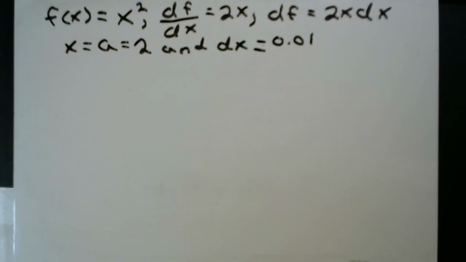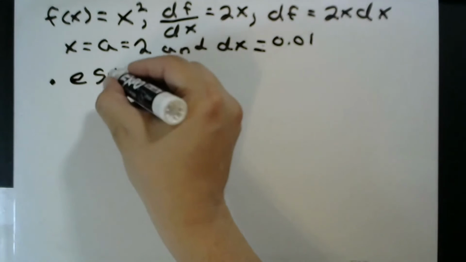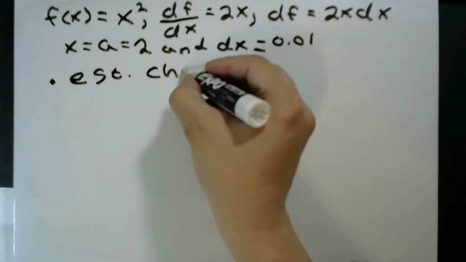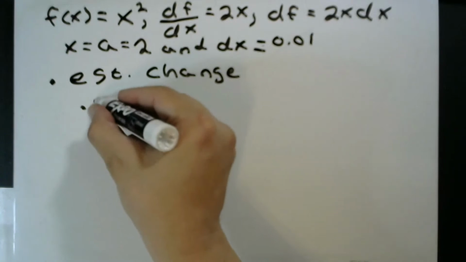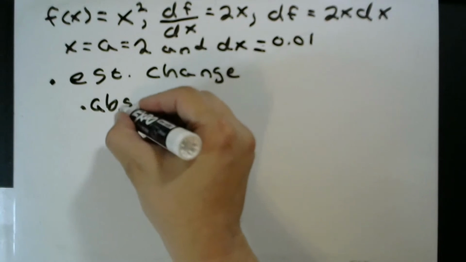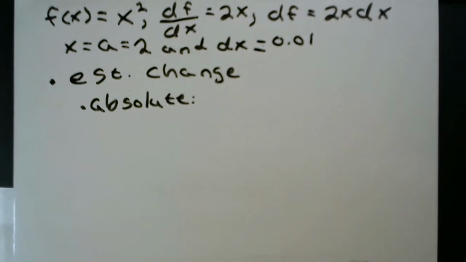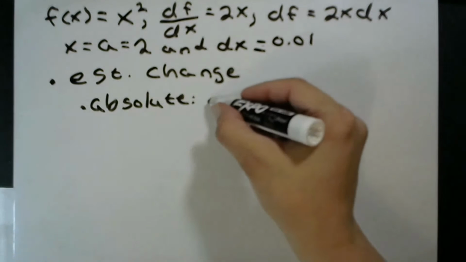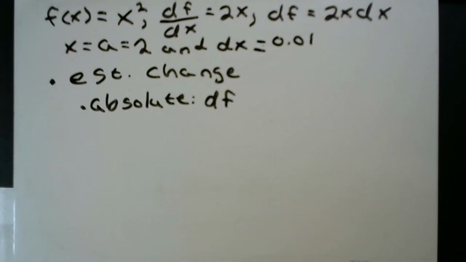So again, we're going to look at absolute, relative, and percent. So the absolute is just the computation of df, just like we did the computation of delta f.